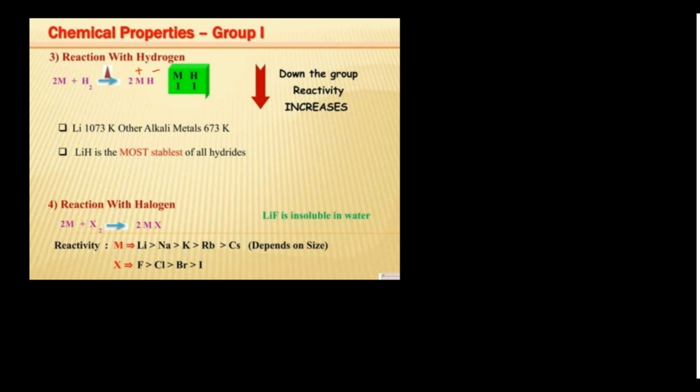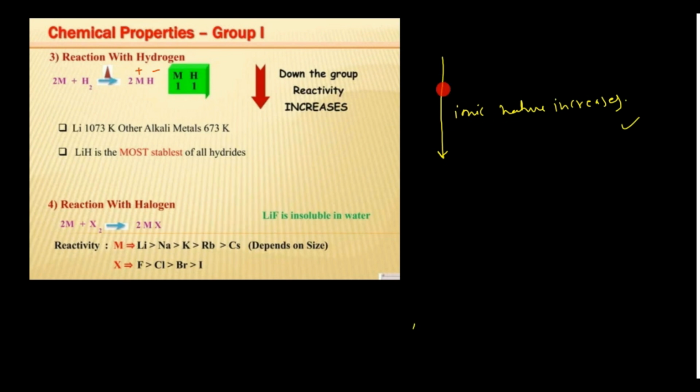And the ionic character of the bonds in the hydrides increases as the atomic number of the metal increases. That means if you go down the group, ionic character increases because metallic nature also increases down the group. And the stability also increases in the same manner as you go down the group.